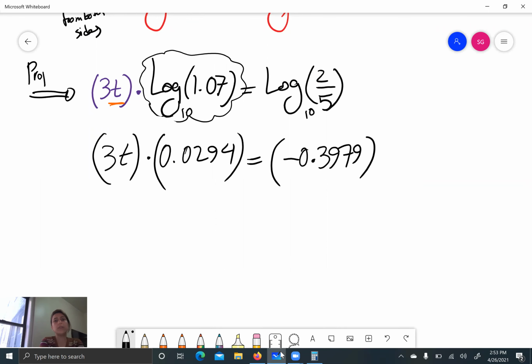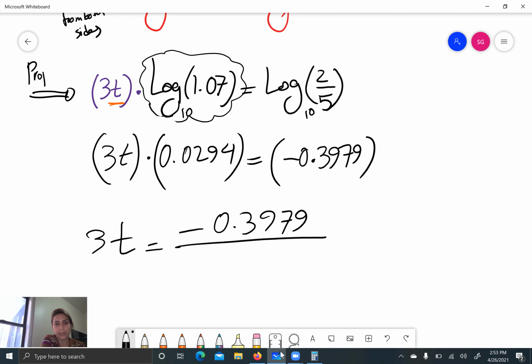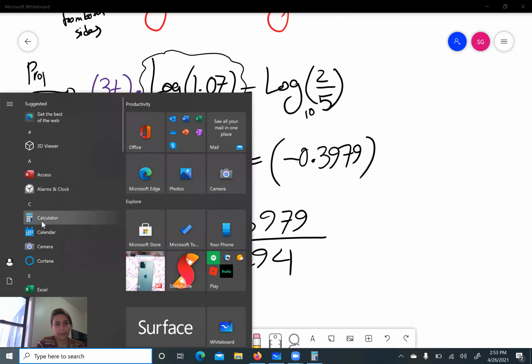Okay, so now you know the rest. You know how to solve this, because this is like a similar equation that you always had. Divide both sides. So 3t is going to be this value divided by this value, right? Which you can do using a calculator.